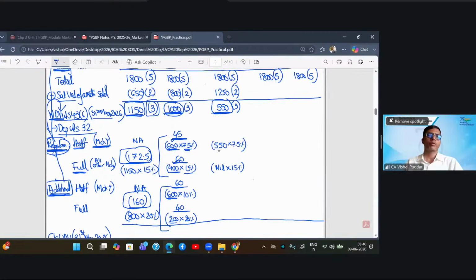In fact, in half also, you should have claimed on 600, which is the cost of Y. But since that 600 is not even my balance, I cannot calculate depreciation on an amount above my WDV. So the maximum depreciation I can get is only 550 into 7.5, and there is nothing left for full. Clear, students?